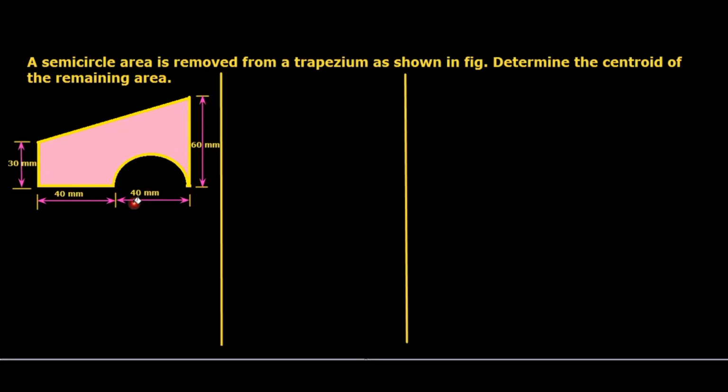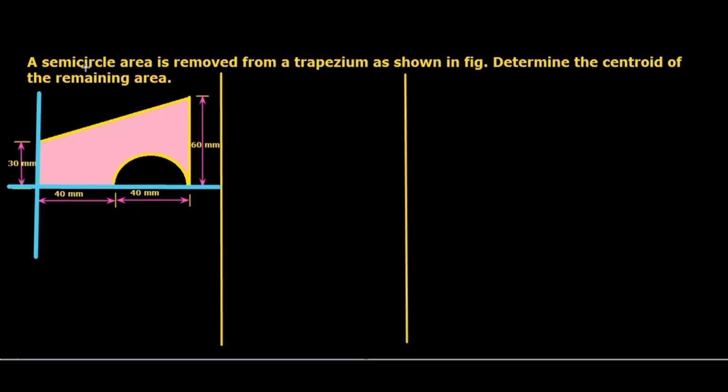So here we have to calculate x bar and also y bar. So we need the reference lines. For example, to calculate y bar, we will take the bottommost line as the reference axis. To calculate x bar, we will take the leftmost line as the reference.